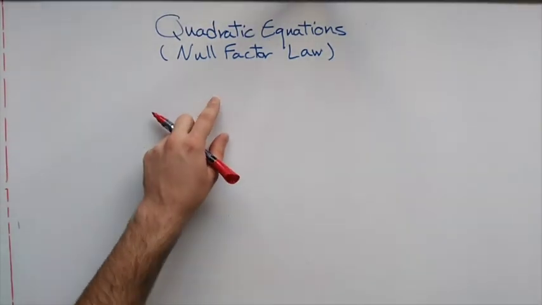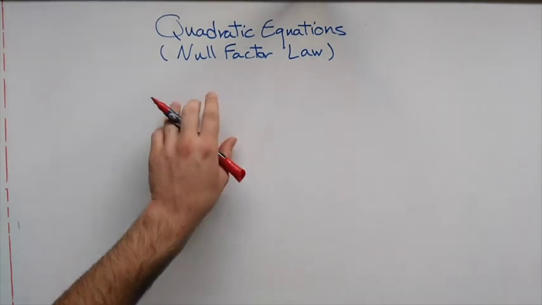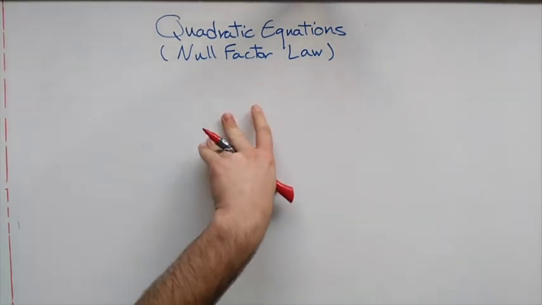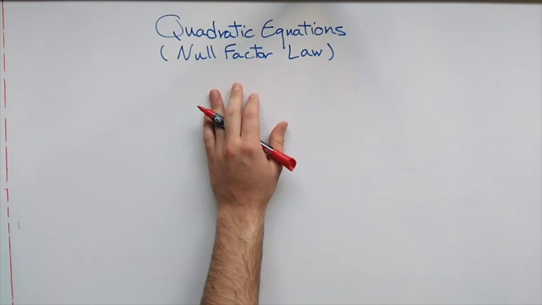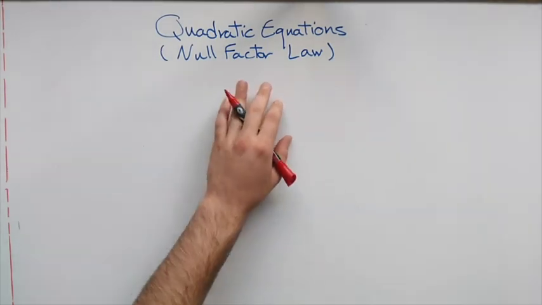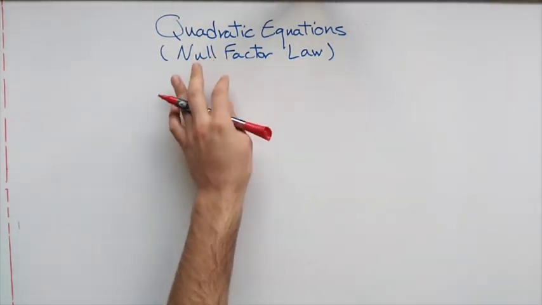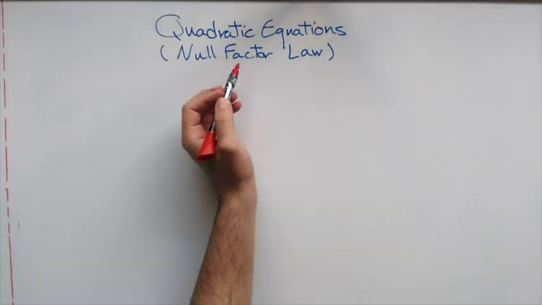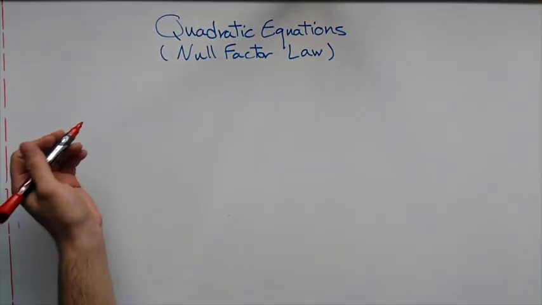Right now we just solved a very simple example of a quadratic equation using the null factor law. We're going to solve a more complex one, but before doing that, we're going to have a better analysis of the null factor law.